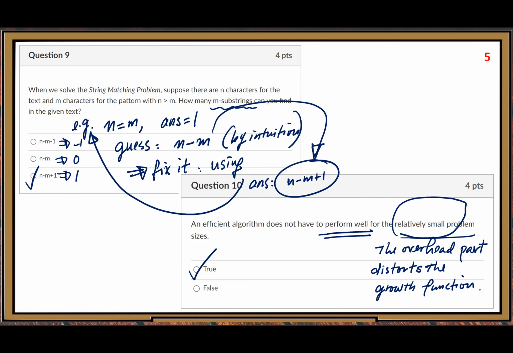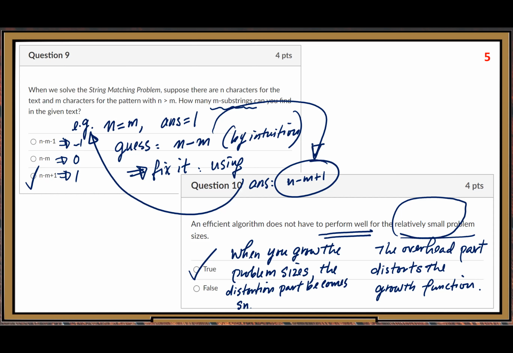So when you grow the problem size, the distortion part becomes smaller and smaller. And finally, you can ignore it.